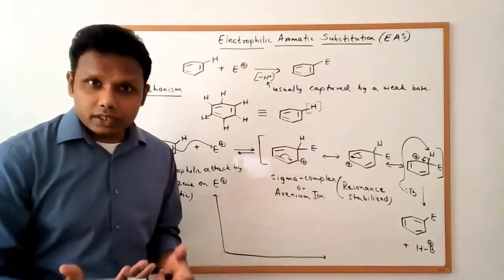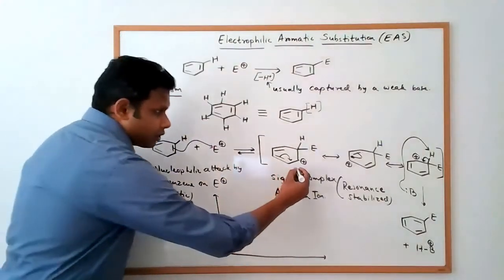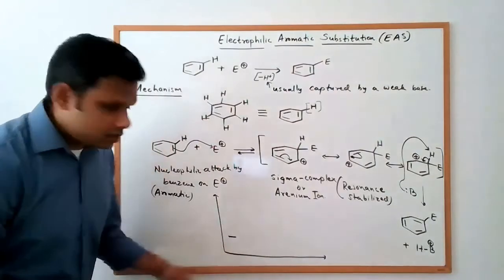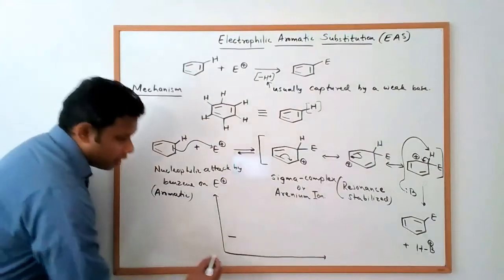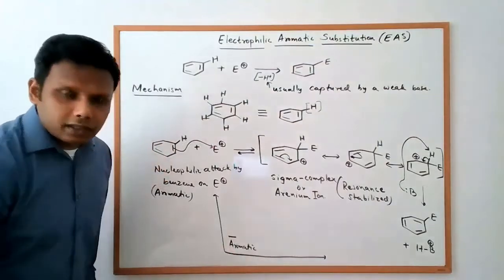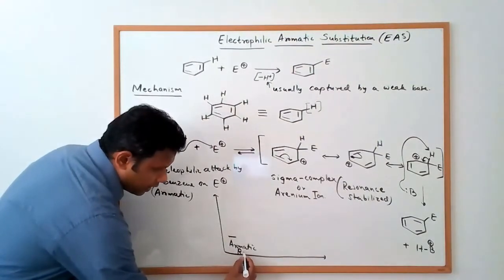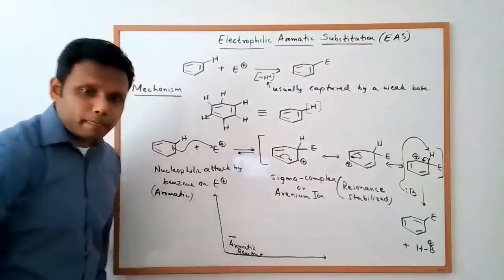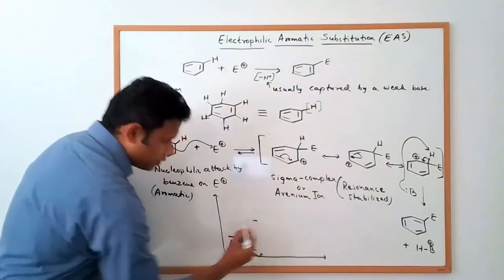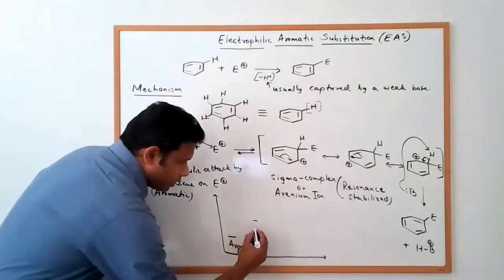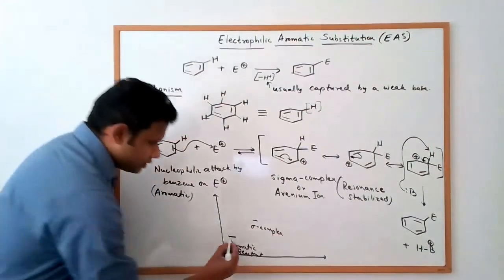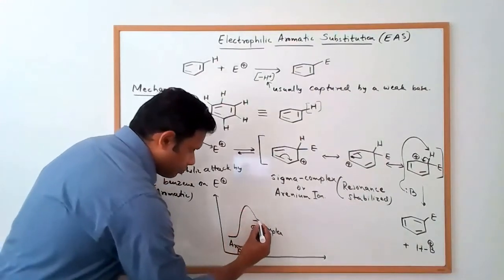The molecule is losing its aromaticity, which means the sigma complex here is going to be a high energy intermediate. So let's say this is where the aromatic reactant is, then the sigma complex, because it is not aromatic anymore, is going to be very unstable. So that means this is a very uphill process here.